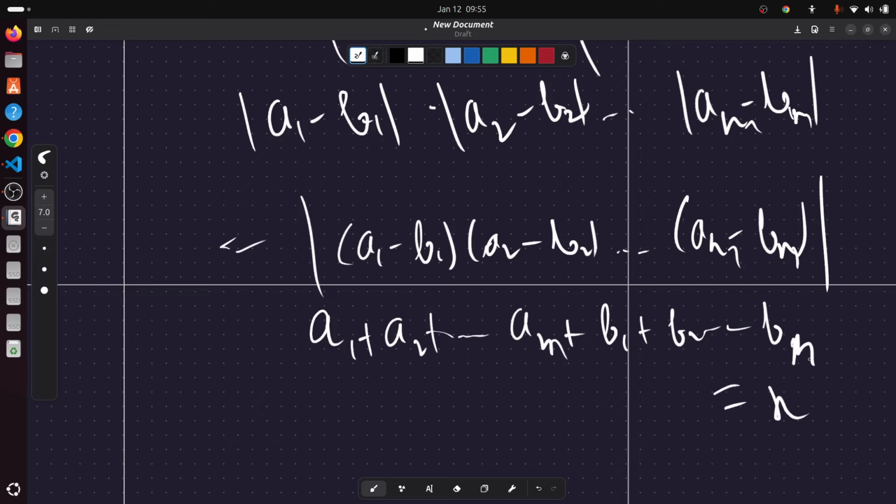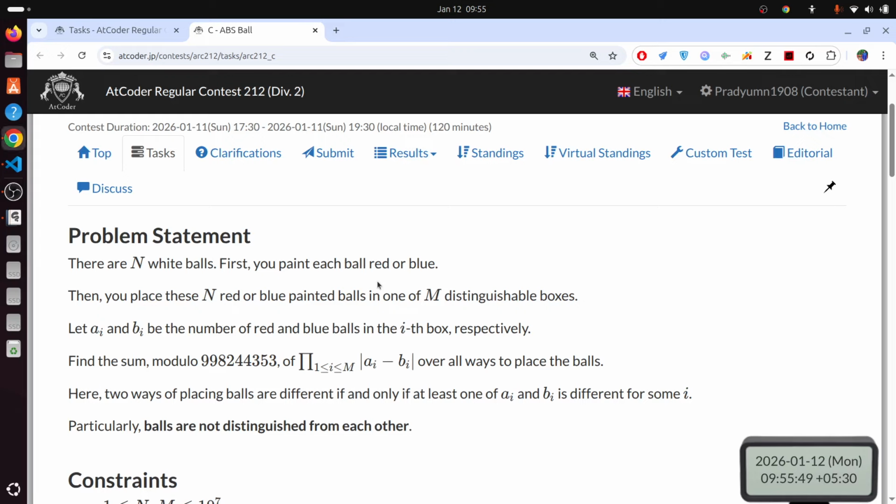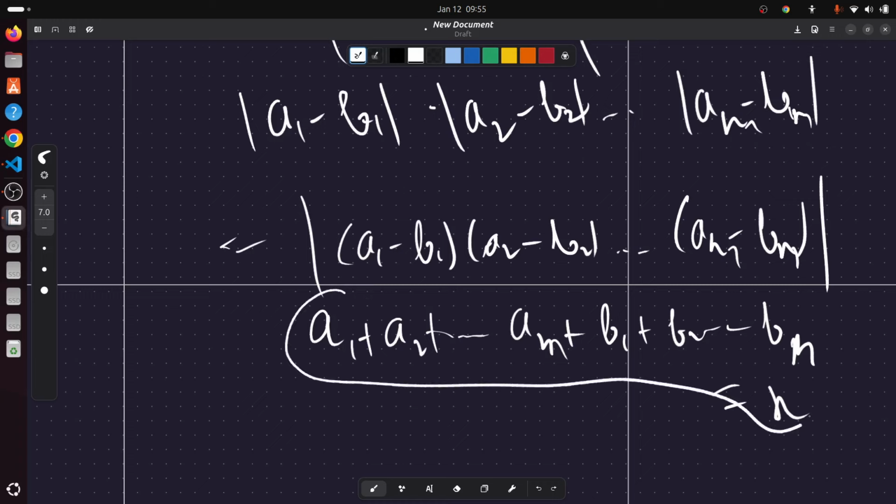Basically in the ith box I have ai red balls and bi blue balls, and the total number of balls given is n. So this is the condition, and I can break this n into a1 up to am and b1 up to bm, and I have to find the sum of this quantity over all the ways to break this n. So this is the main problem.